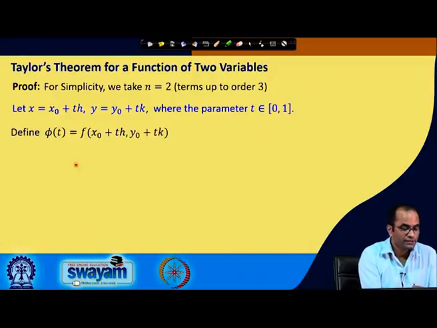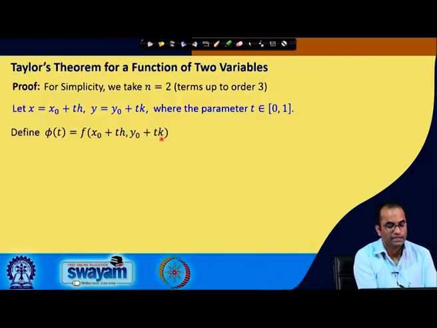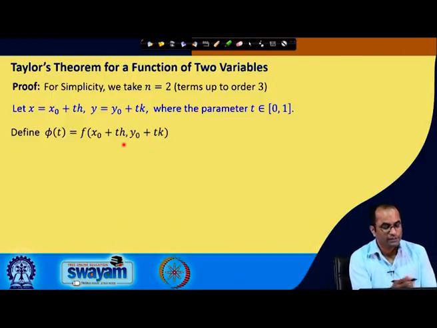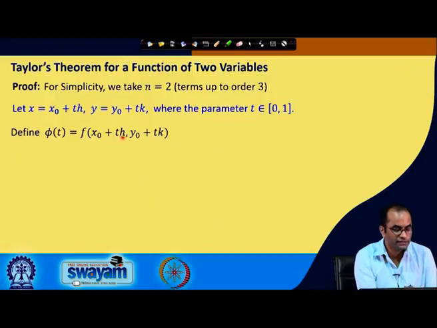Having this, we now define a function phi of t, the function f of x0 plus th, y0 plus tk. This h and k were given already in the expansion, so they are fixed, and the point x0, y0 is also fixed, and then t varies in the interval 0 to 1.